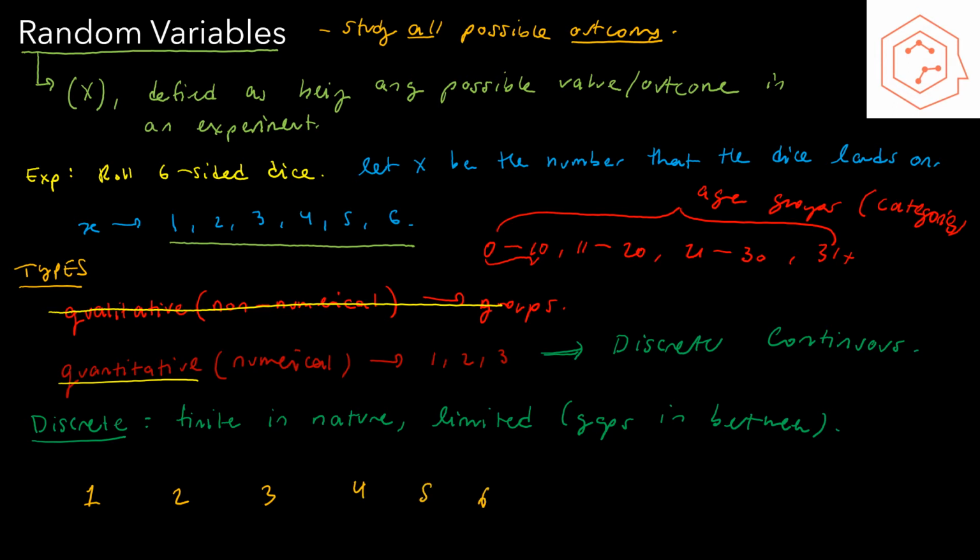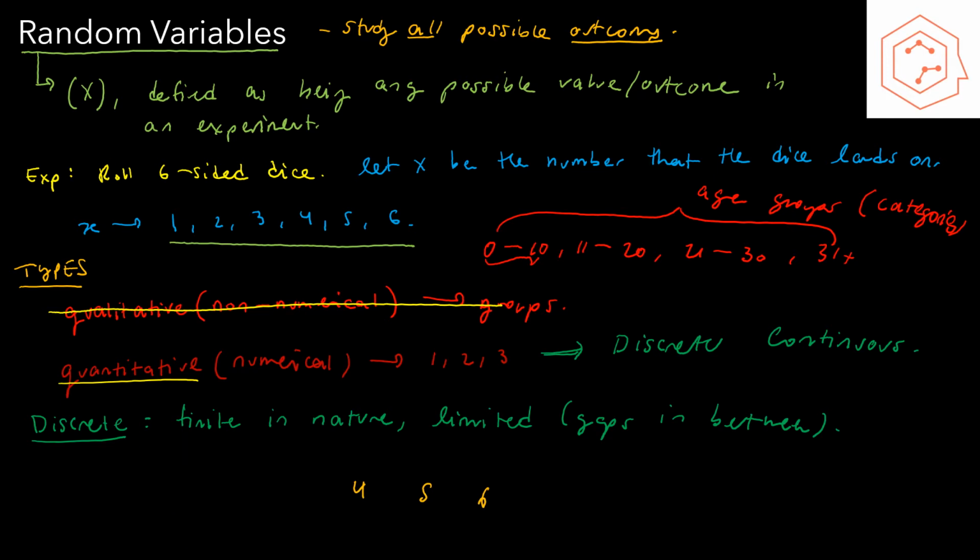It couldn't be more than 6. It also couldn't be less than 1. But most importantly, if I chose a number in between any two outcomes, so if I chose 1 and 2, if I wanted to find a number in between 1 and 2, so let's say 1.5, this is not a possible outcome. And so in between each possible outcome, we have a gap of 1. So this is a discrete random variable.